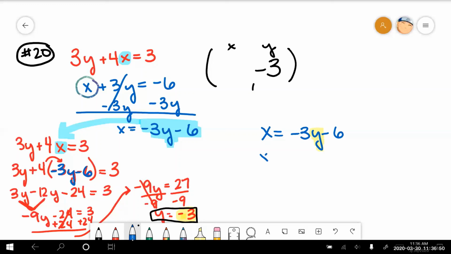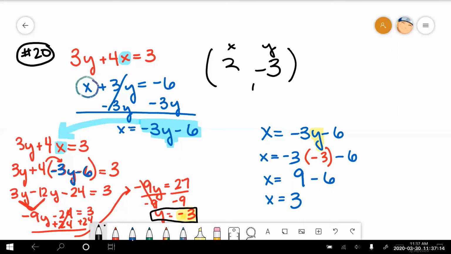So I've got x equals negative 3 times my value for y, minus 6. x equals negative 3 times negative 3, that's 9, and x equals a positive 3. And I can place that into my solution.